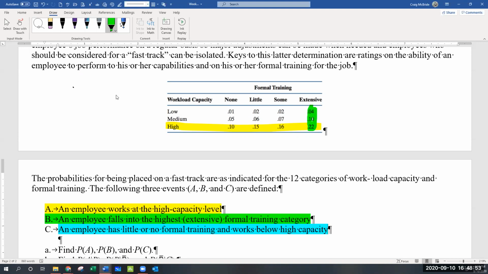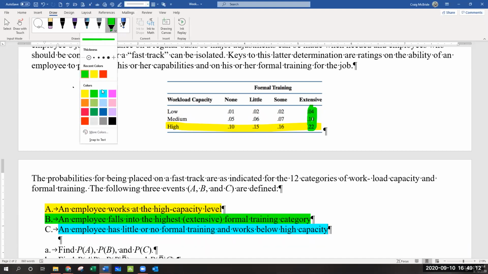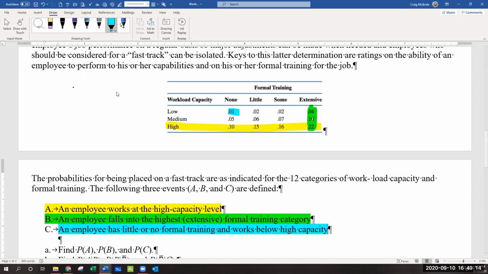And then an employee has little or no formal training and works below high capacity, right? So they can't be in high, they work in either low or medium, and they have little or no formal training. So that means the blue category is little or none and works below high capacity.